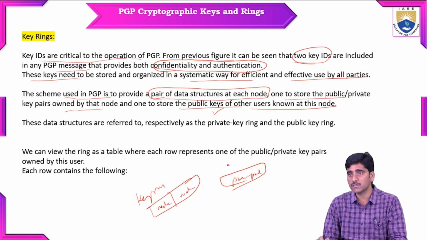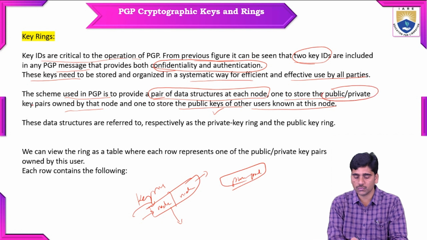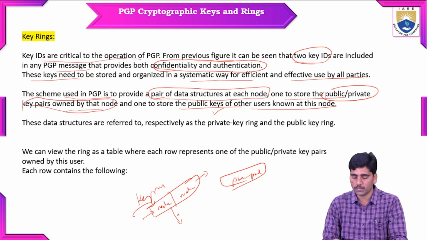Here the key ring contains a pair of data structures at each node. One stores the public and private key pairs owned by that node, and the second stores the public keys of other users known to this node.